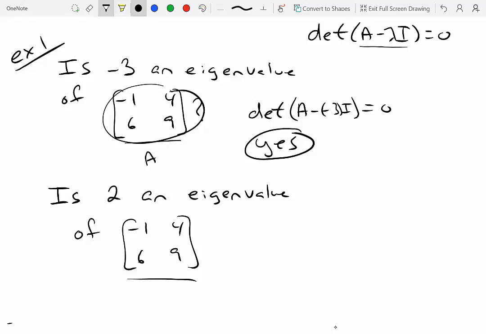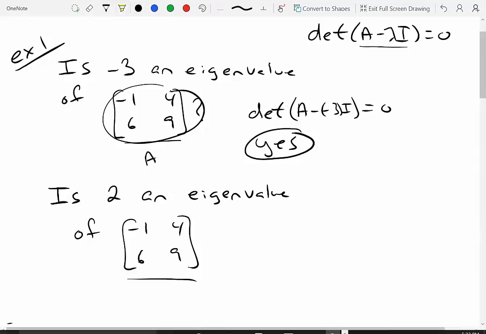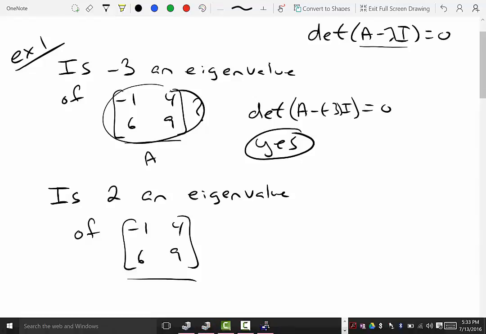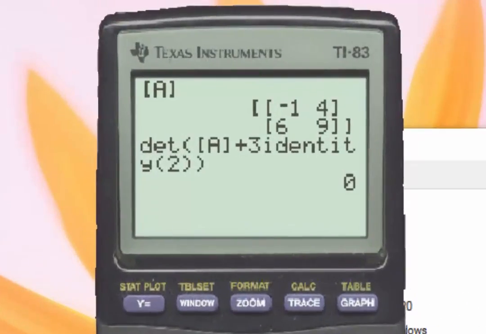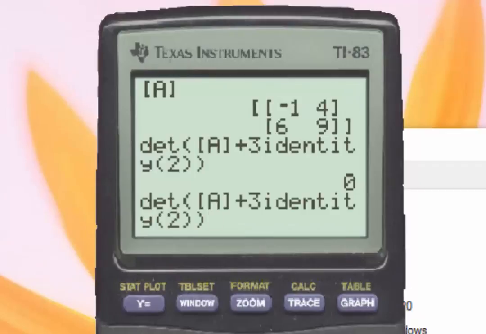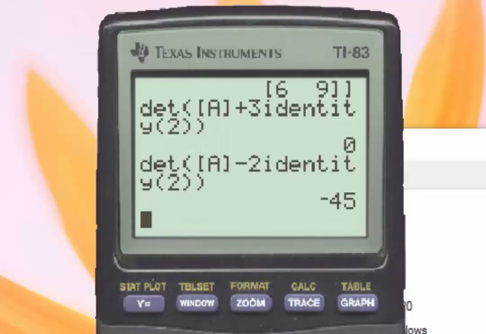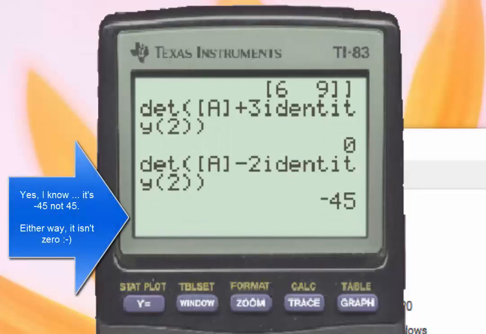Similarly, same matrix, I can ask, is 2 an eigenvalue? So we'll go back to the calculator and go through this exact same computation. I will just bring that same code up there and change this to 2. So is the determinant of A minus 2 times the identity equal to 0? And it turns out that that's 45, which is not 0.